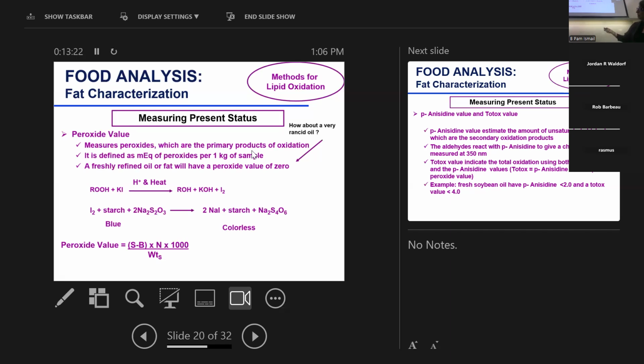You add starch as an indicator, the color is blue. You titrate with sodium thiosulfate to clear. So at equilibrium, milli-equivalent of iodine equals milli-equivalent of sodium thiosulfate.